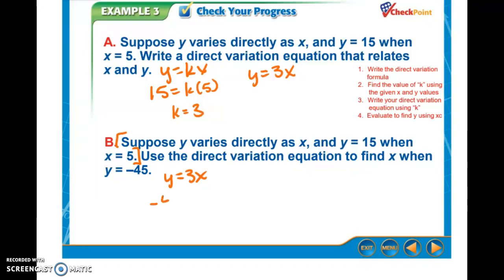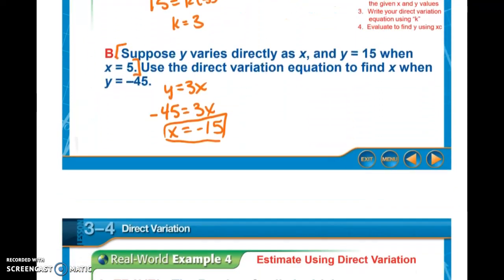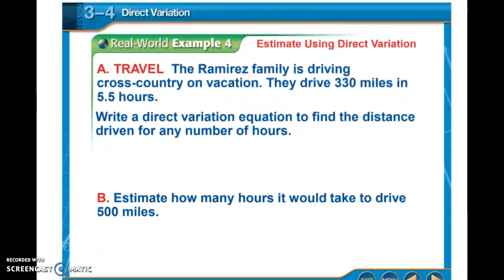So now we put in negative 45 for y, and we're going to solve for x. Negative 15. Okay, and then we're done. We found x. So it's that same pattern over and over again.